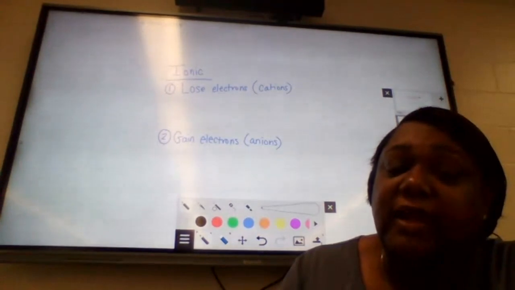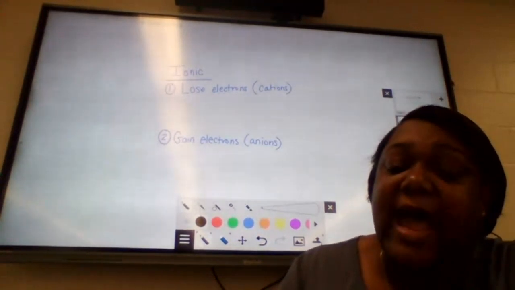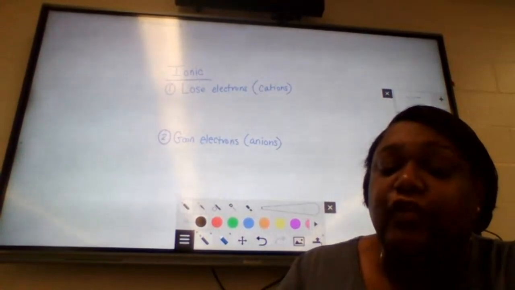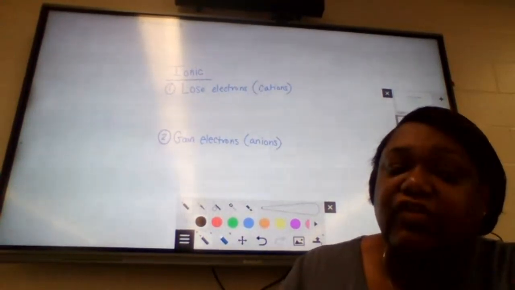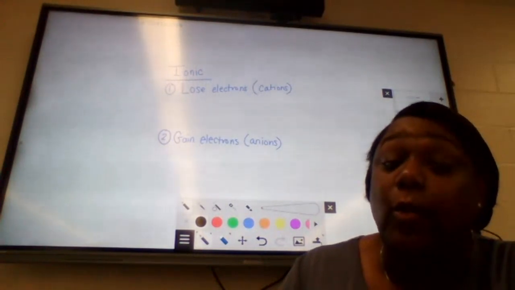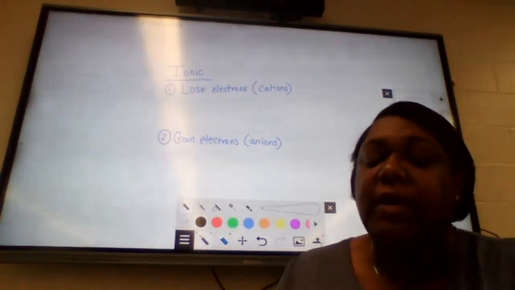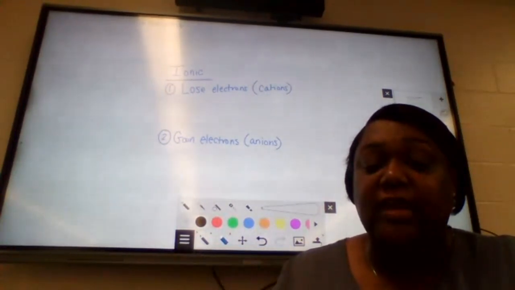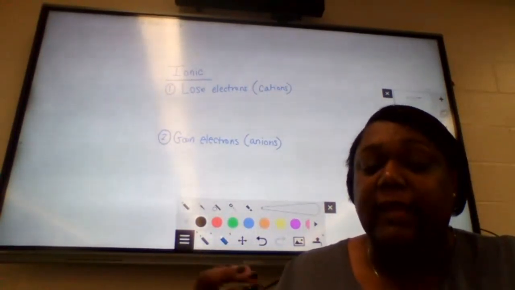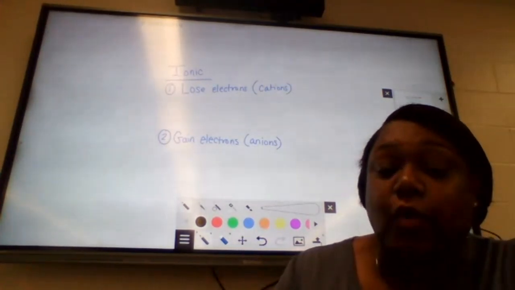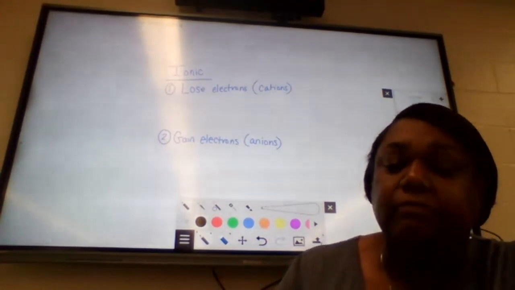A loss of electrons now means that I have more protons than I have electrons. And so, since I lost electrons, that positive charge is going to be overwhelming towards the negative charge. Because remember, in a neutral atom, the number of protons and electrons is equal. But when I start taking electrons away, I end up with a positive charge remaining on my ion.